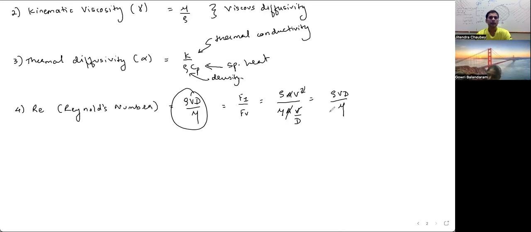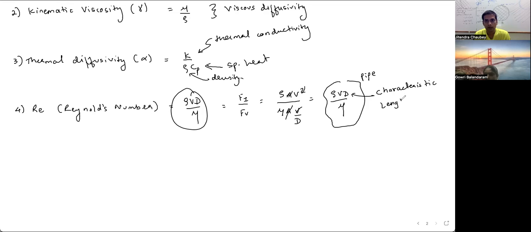Okay. This is something which is for pipe, but it is not just pipe where Reynolds number is calculated. This formula is formulated for pipe when a fluid is flowing inside a pipe. But Reynolds number is not calculated only for pipe. So in that case, this diameter is called characteristic length, depending upon the application in which you are calculating the Reynolds number.